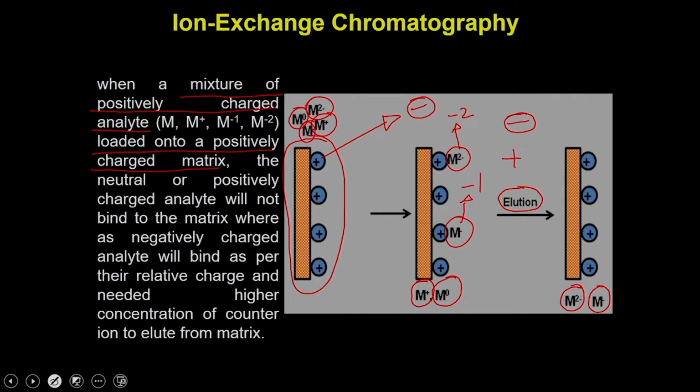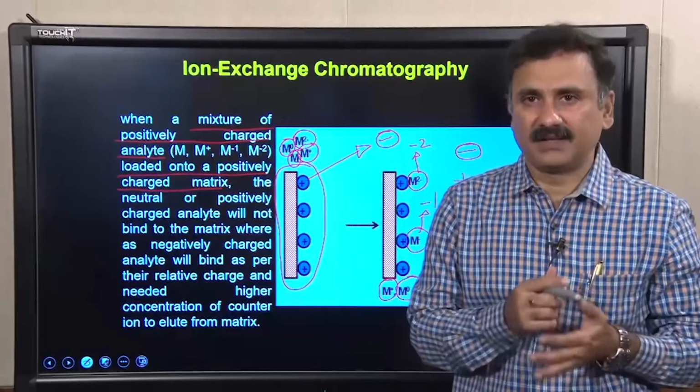So, when you elute with the help of negatively charged counter ions, this M minus 1 is going to elute first, whereas this one is going to elute later on, because both of these have differential charges and differential affinity to the matrix.